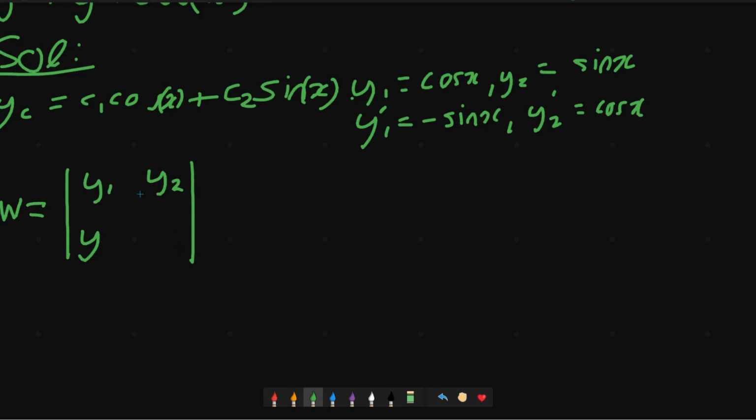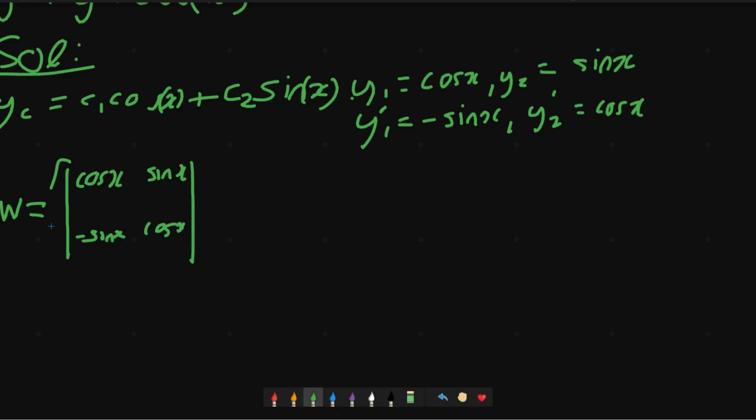So this is just going to be cosine x, sine of x, minus sine of x, and cosine x.